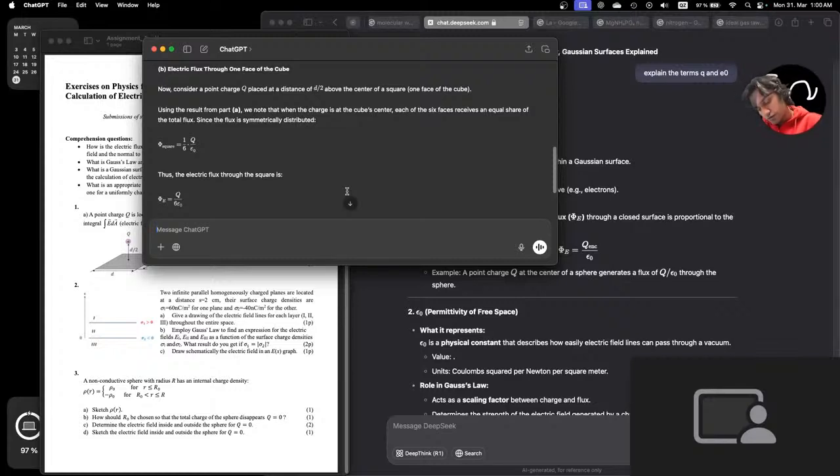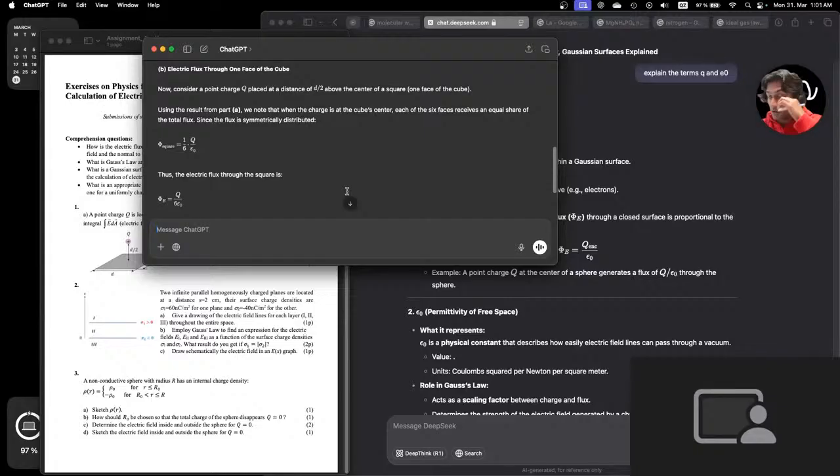Therefore, the electric flux through one face of the cube equals Q by 6 epsilon 0, as the cube has 6 faces.